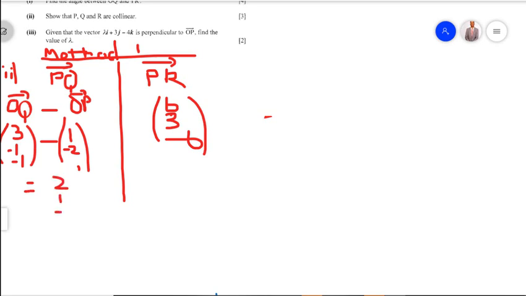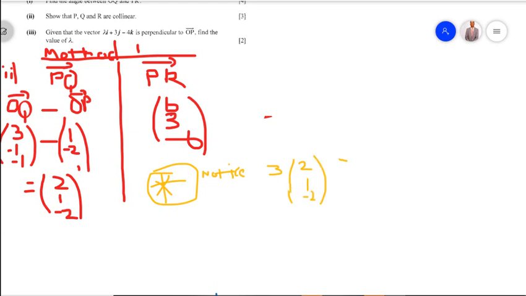Collinear means they exist in the same line. You have to see something unique here. Notice that if you multiply PQ by 3, you are going to get PR. If you say 3 multiplied by 2, 1, negative 2, we are going to get 6, 3, negative 6. So 3 multiplied by PQ, we are going to get PR.